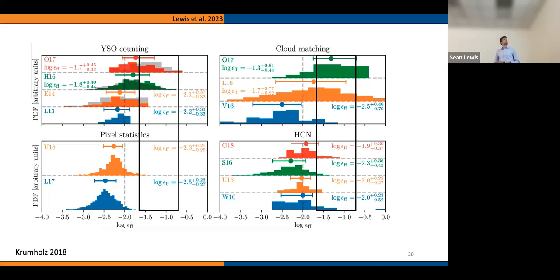Oh yeah, this is the free fall time. But is your black box your total? Yeah, you're right, there may be a mistake on this one. I'll have to correct that later. But ultimately, the main point, described better in my paper, is that my star formation efficiencies fall within ranges that have been observed.